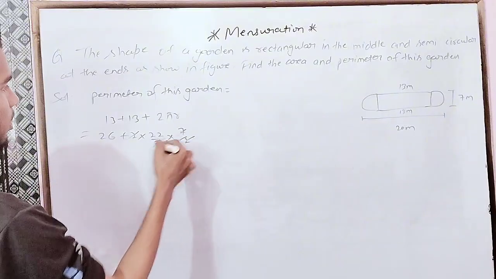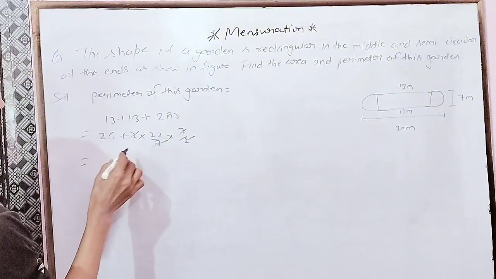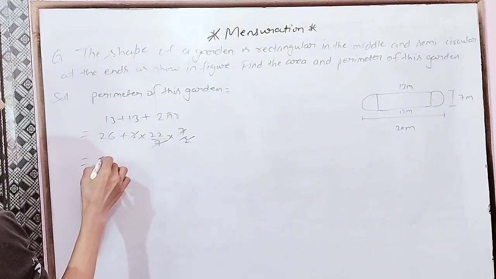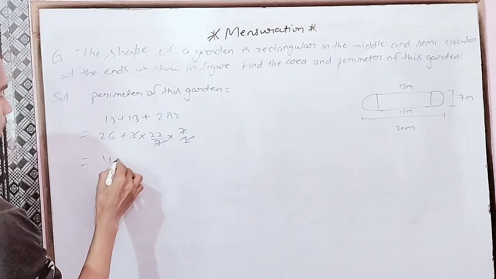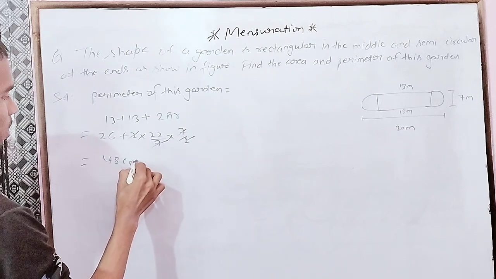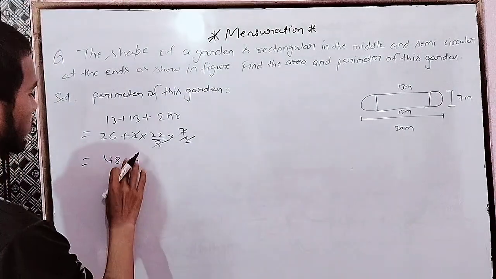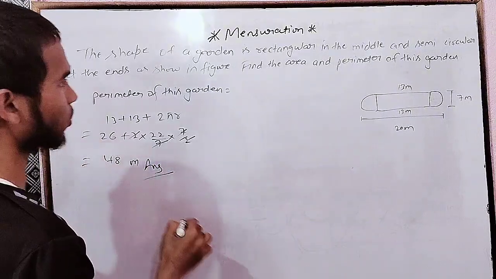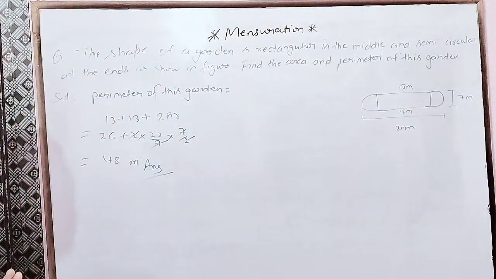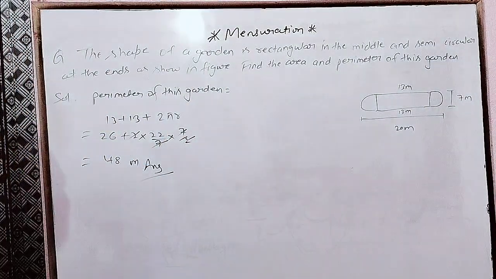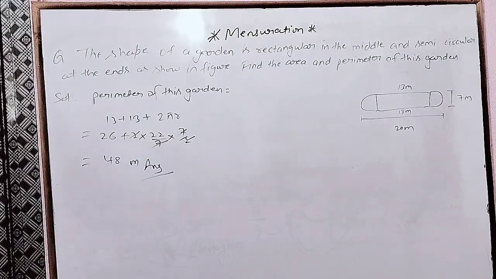Let's cancel out. Then we have 48. This is in meters. So the perimeter, the total circumference of this garden, is 48 meters.